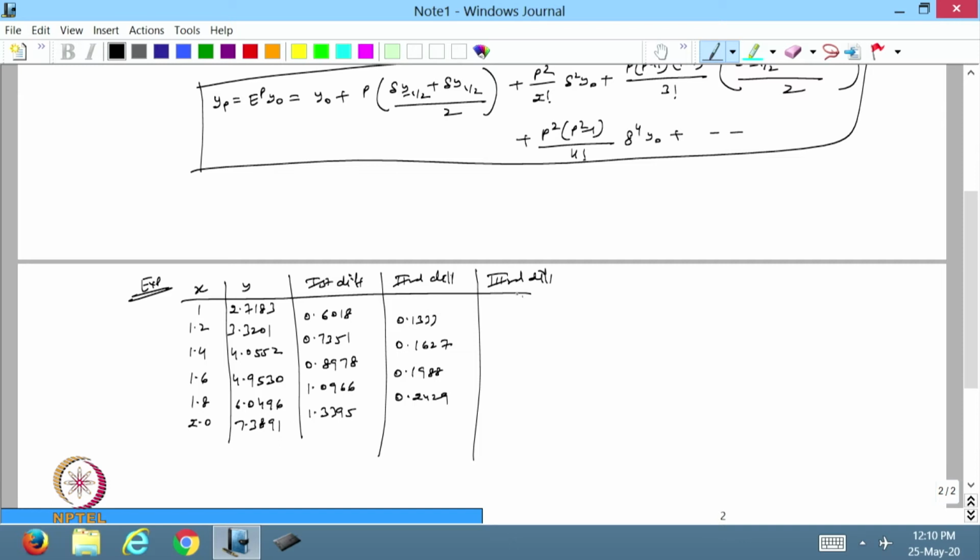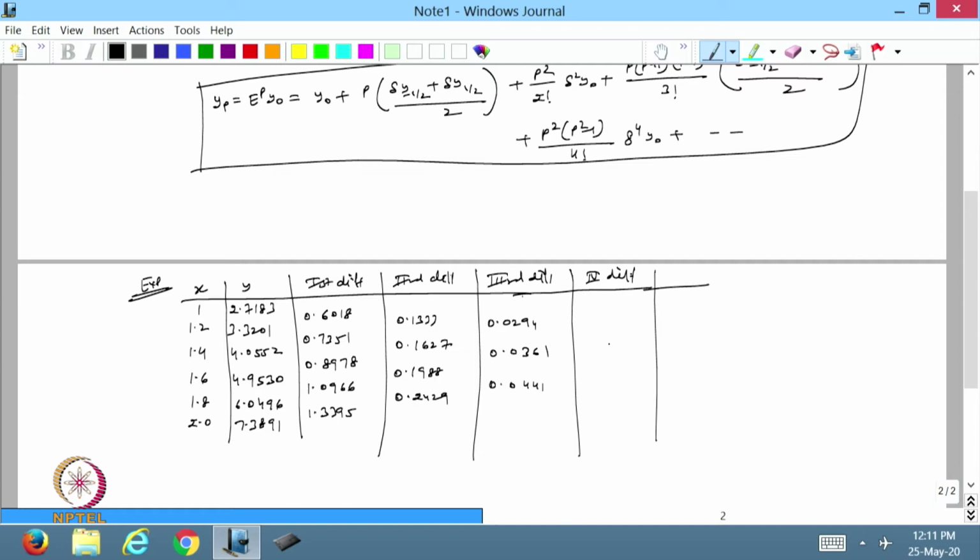Now we will find the third difference. The third difference will be 0.0361, 0.0441. So it is the third difference. Then we find the fourth difference.